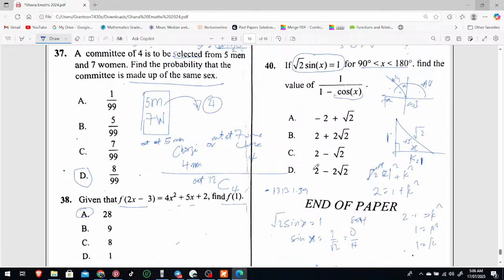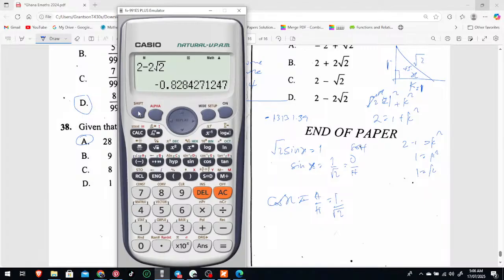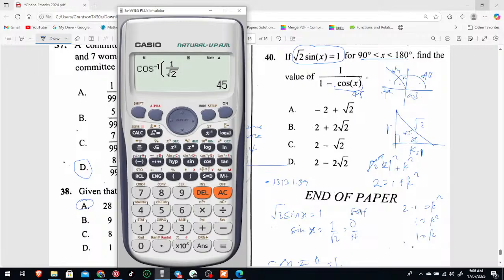Okay, let me find x and put it there and see. Cos inverse of 1 over root 2. It's 45. So just put 45 degrees here and let's see.